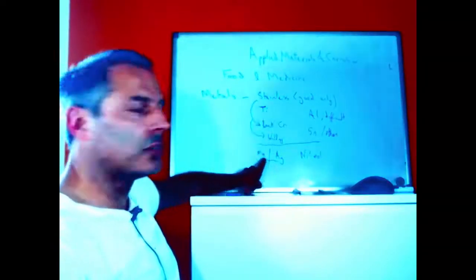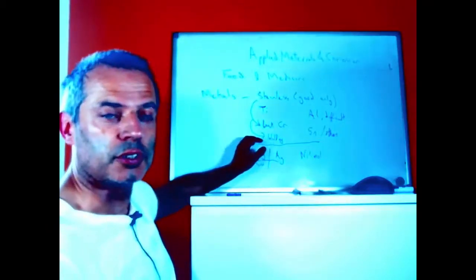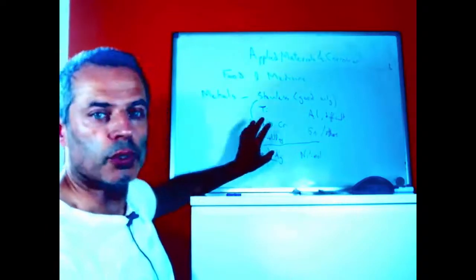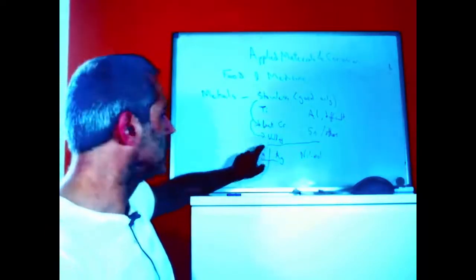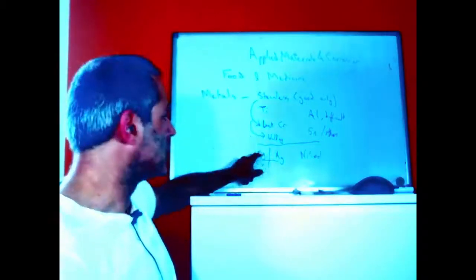If we want to use magnesium in an implant, for example, then we cannot sterilize it with steam or with oxidants. We have to use a different technique because the magnesium is going to oxidize completely.